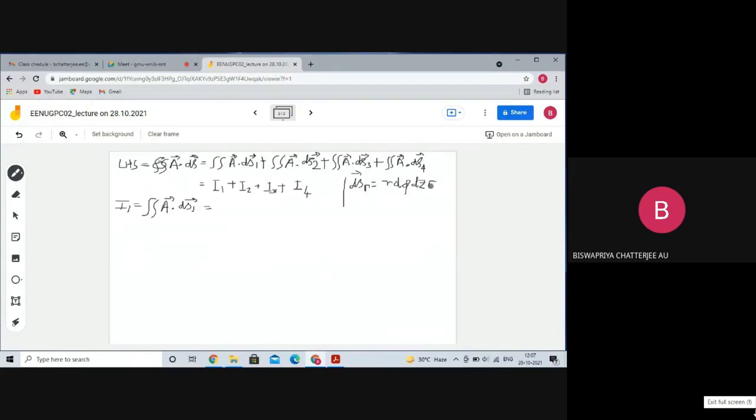If you search my or any note, you will get this DSR. This was the equation.